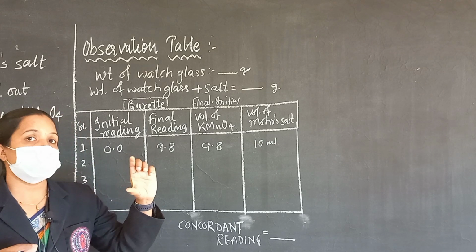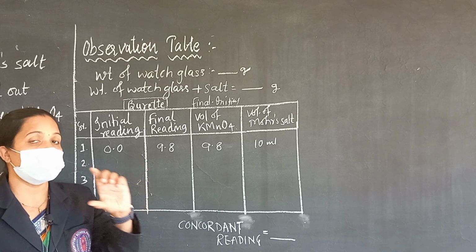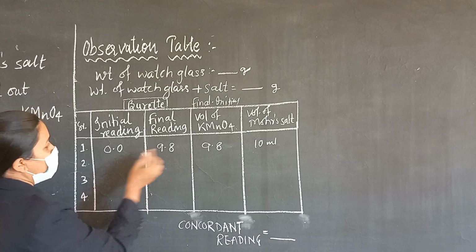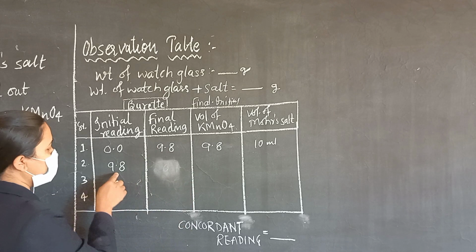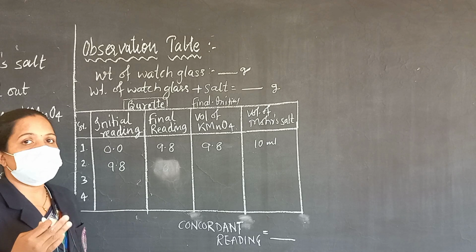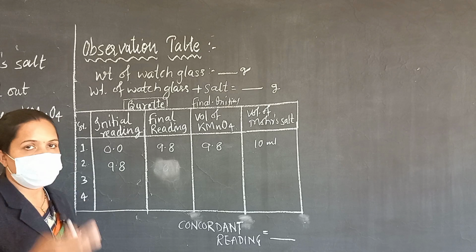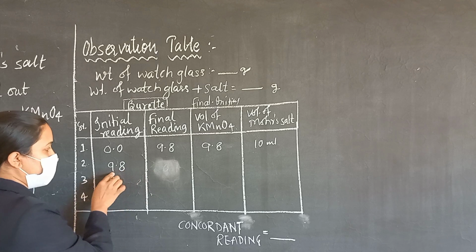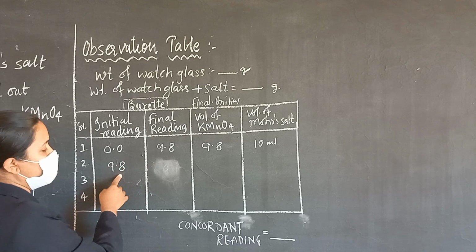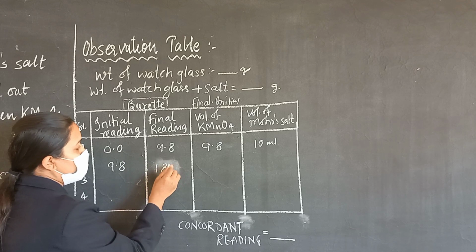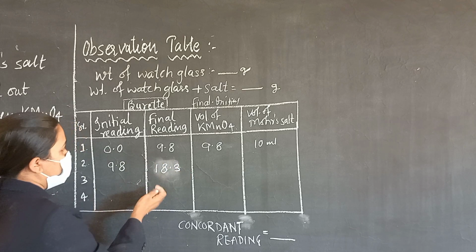Clear? Now after taking the first reading, you will take the second reading as well. For the second time you will start from 9.8, right? From 9.8 to whatever your final reading is where you got the light pink color, that light pink color reading you will note down here.